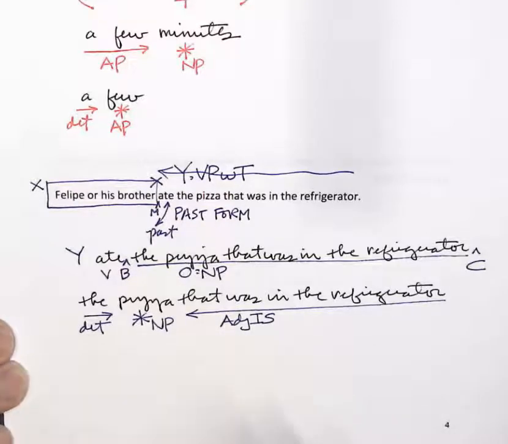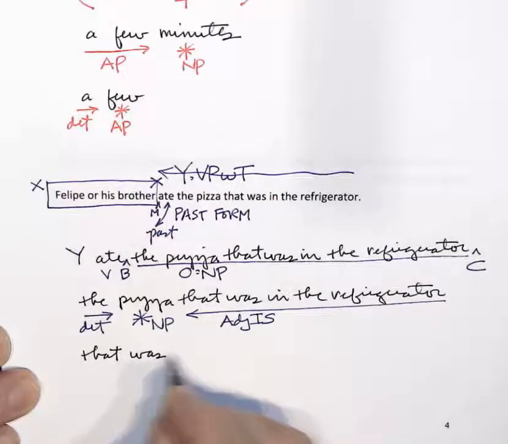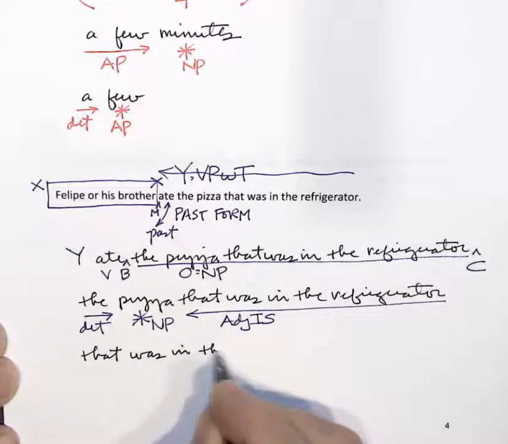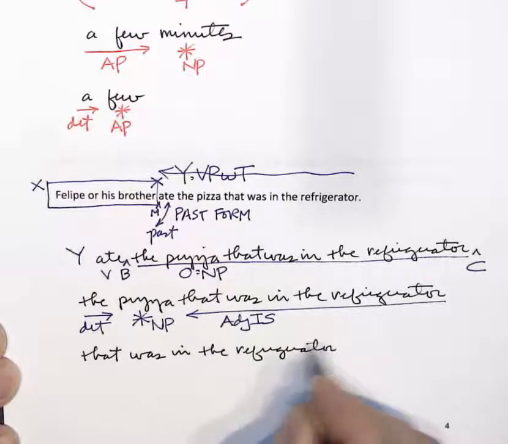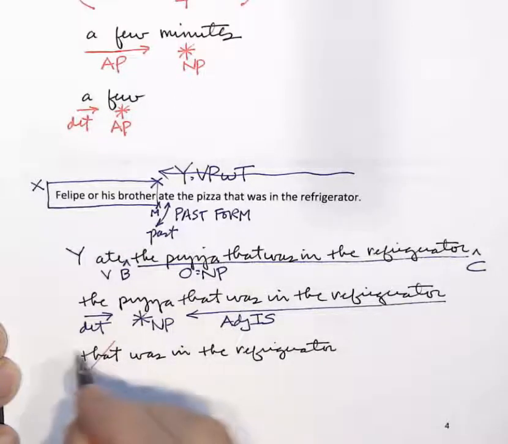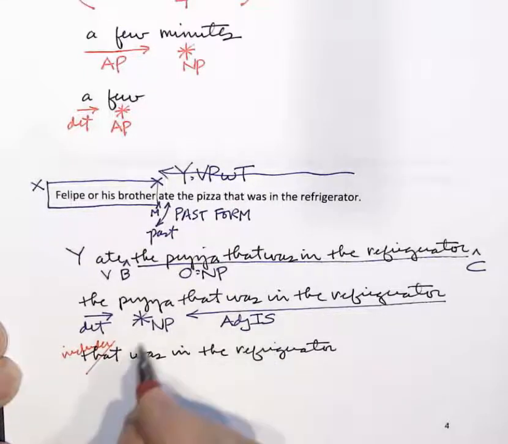So let's rewrite our adjectival included sentence and see what that looks like. That was in the refrigerator. So that is the includer. And there is no shifters.